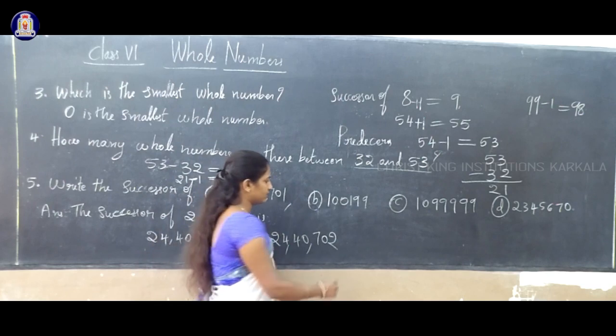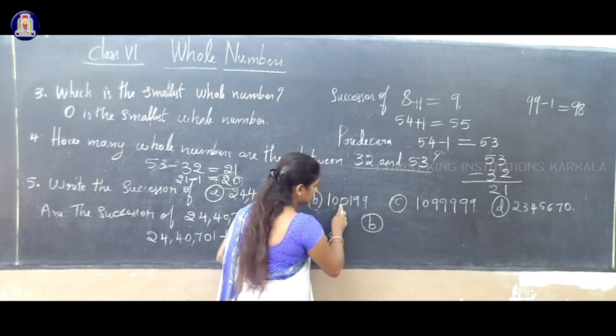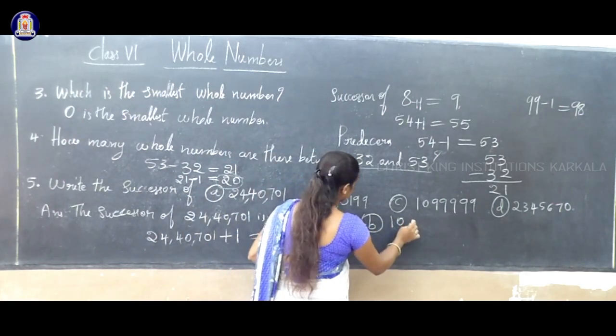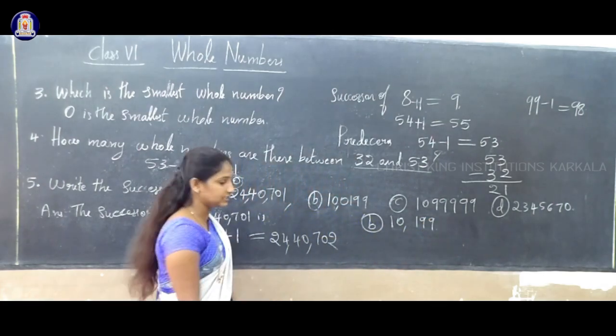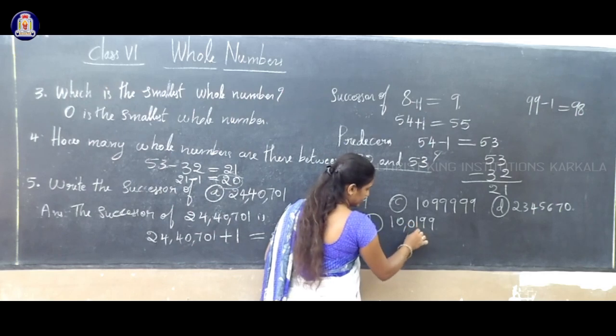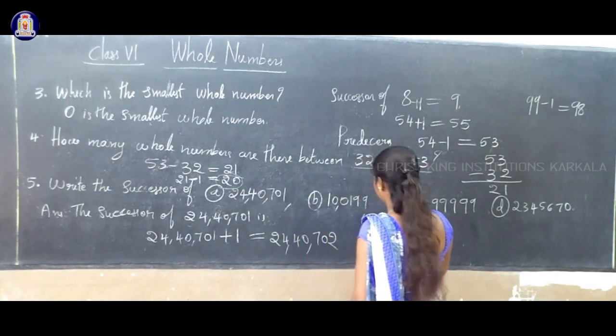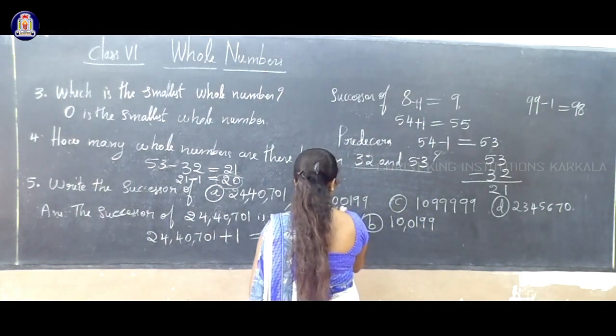So what is the second one? See B. That is 10,199. Right?